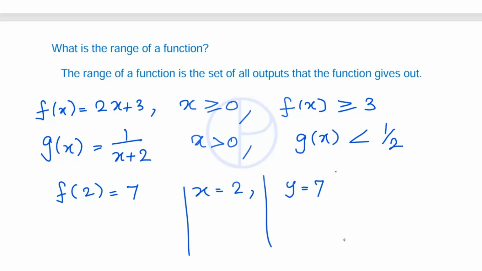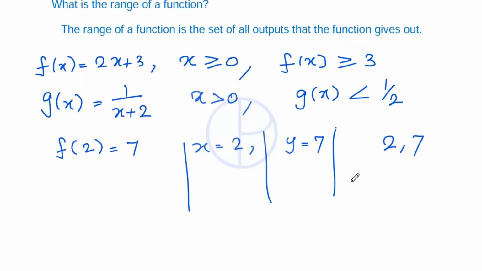So we can look at this as a table or set of points 2, 7, or algebraically by their actual function rule, that is 2x plus 3. This is the functional rule. So this particular function happens to be a straight line.